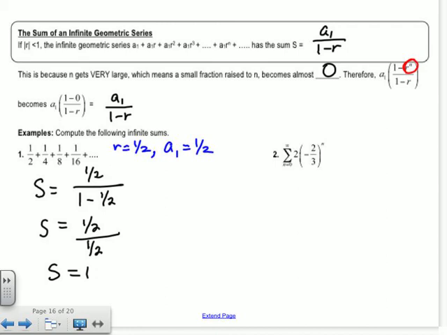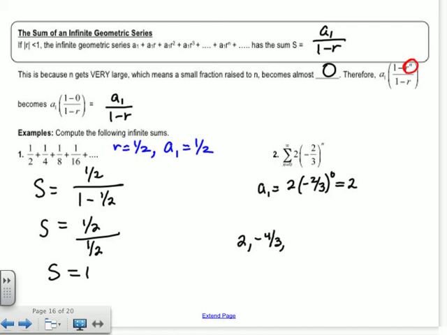All right, the last one is written a little bit differently. You might need to write out the first couple terms to see what's going on. If I plug in 0, I have 2 times negative 2/3 to the 0. So that's the first term, which is just 2. What's your next term? 2 times negative 2/3, which is negative 4/3.